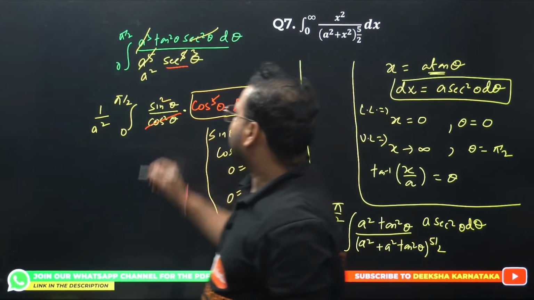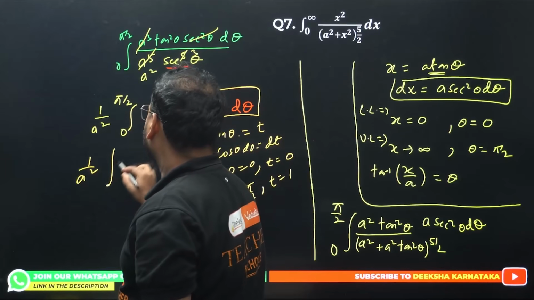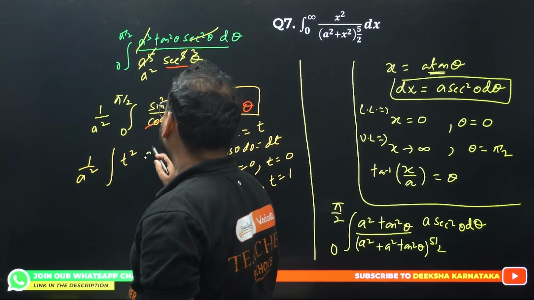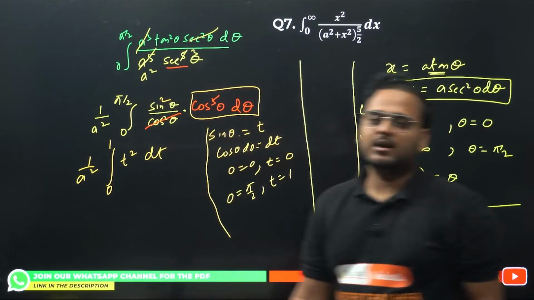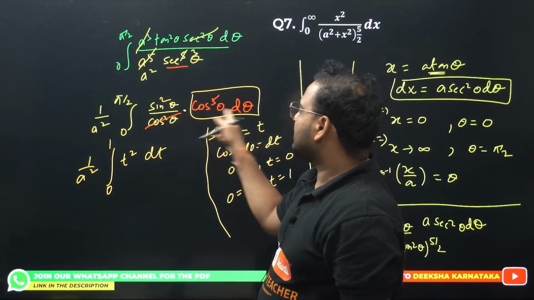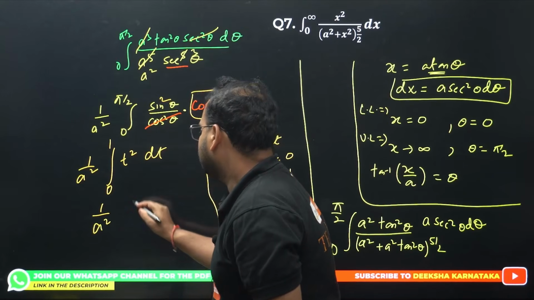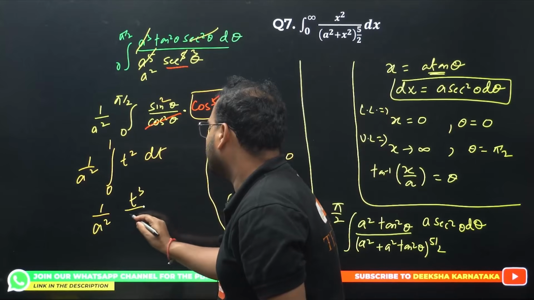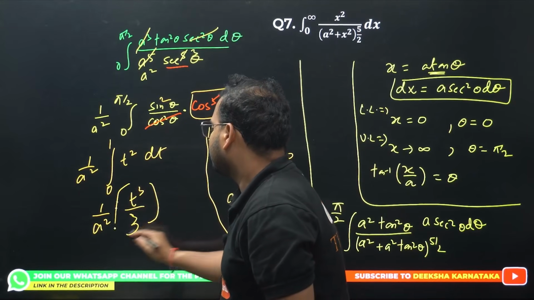Alright, what I get from here is 1 by a square, integral of t square dt, from 0 to 1. The limit is changed now. What is the value? 1 by a square times t power 3 by 3, from 0 to 1.